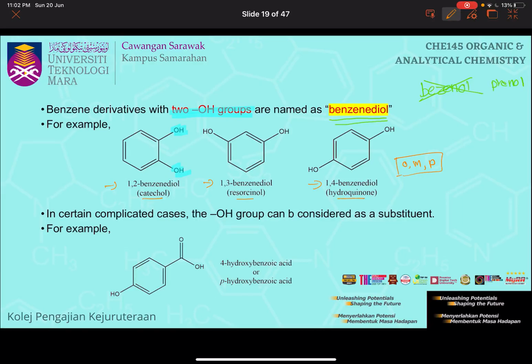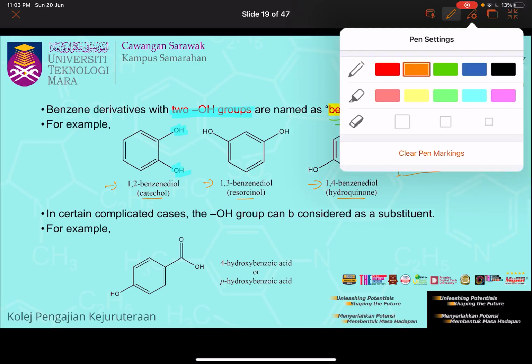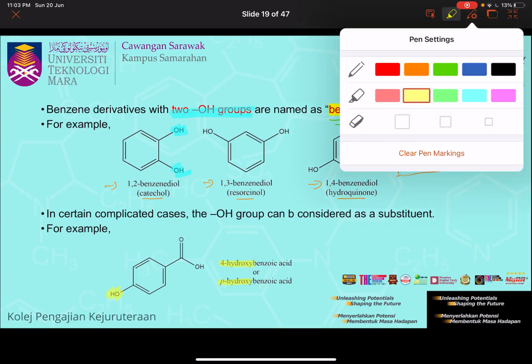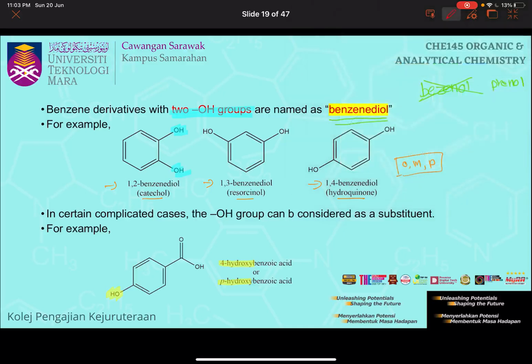In certain complex cases, the OH group can be considered a substituent, like we mentioned earlier for complex alcohols. Now the OH becomes a hydroxy, because this other group has more priority than the OH.